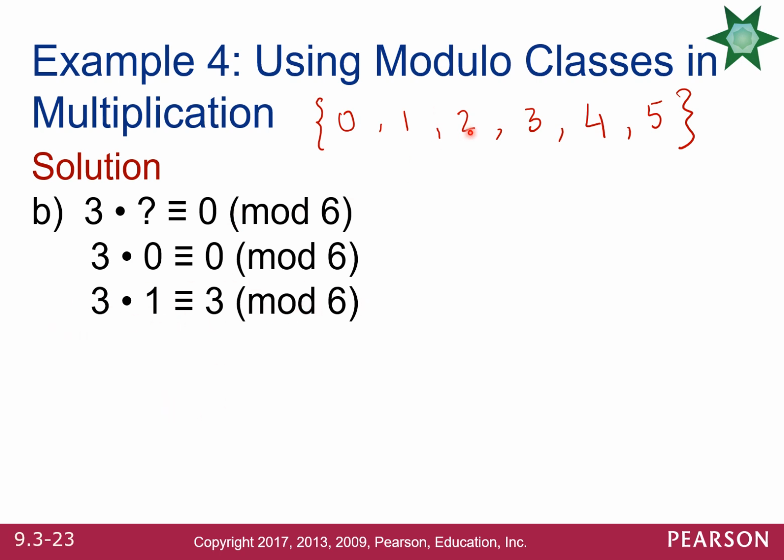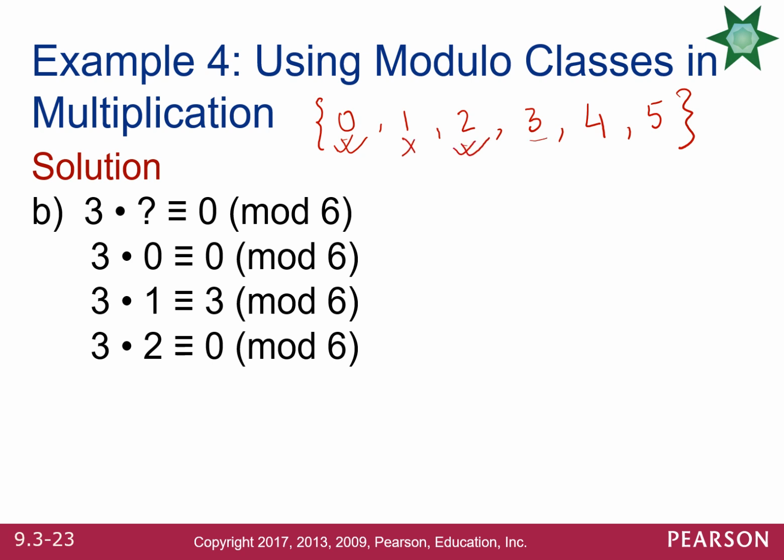So we move on to working with a 2. 3 times 2 is a 6. 6 divided by 6 leaves a remainder of 0. So again, 2 satisfies the original statement, correct? So which are the ones that we've seen worked so far? 0 worked, 1 didn't, 2 worked, correct?